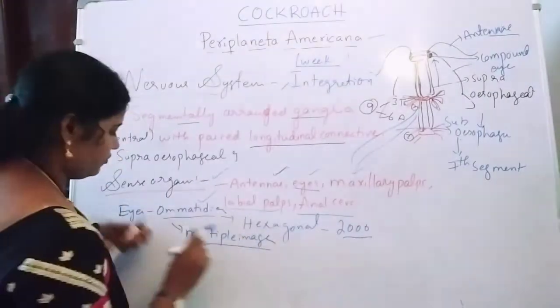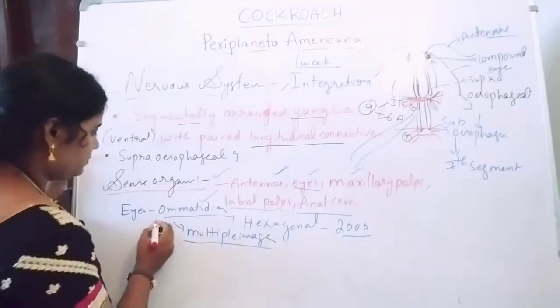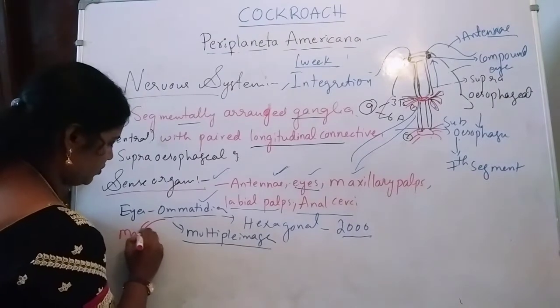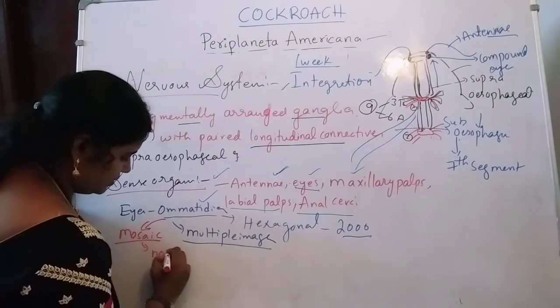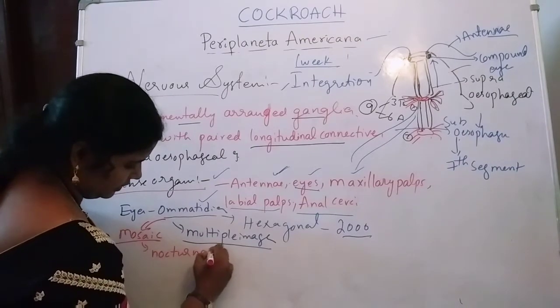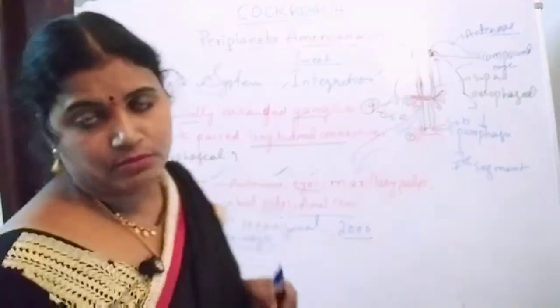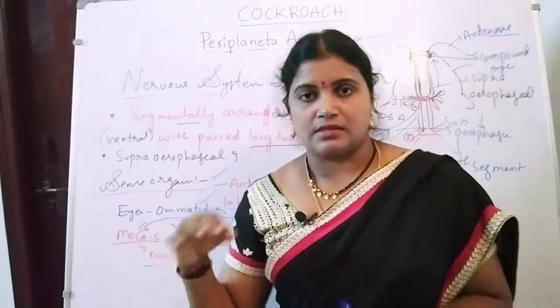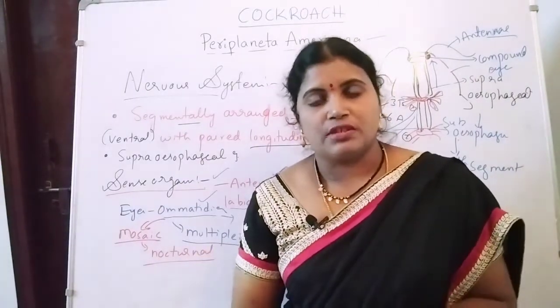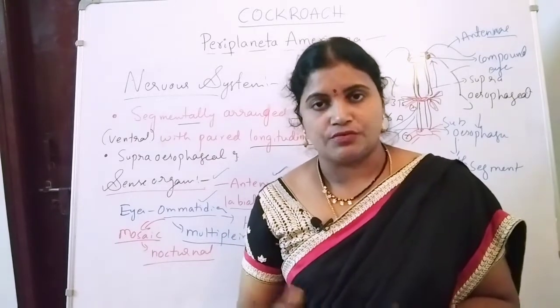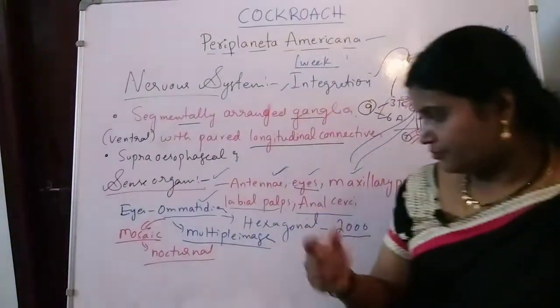That's why this type of vision is known as mosaic vision. It is used mostly by nocturnal animals. During the night time, this mosaic vision helps the insect find objects and food substances.